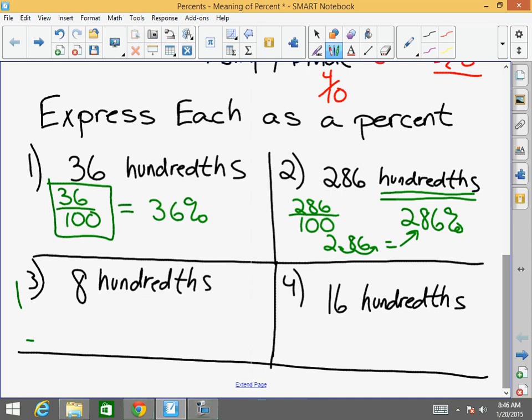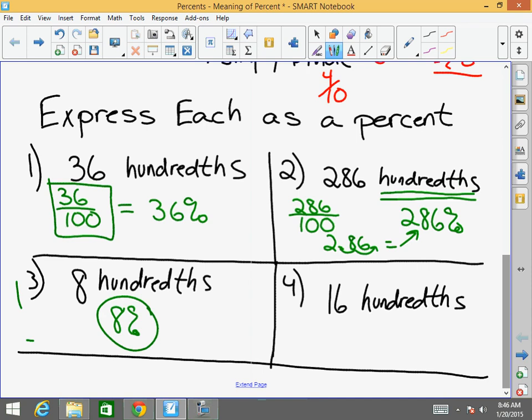So I don't care what you get, okay? If it's over 100, it's going to be percent. 8 hundredths. How would I write that as a percent? 8%. Okay, somebody said 80%. Why 80%?